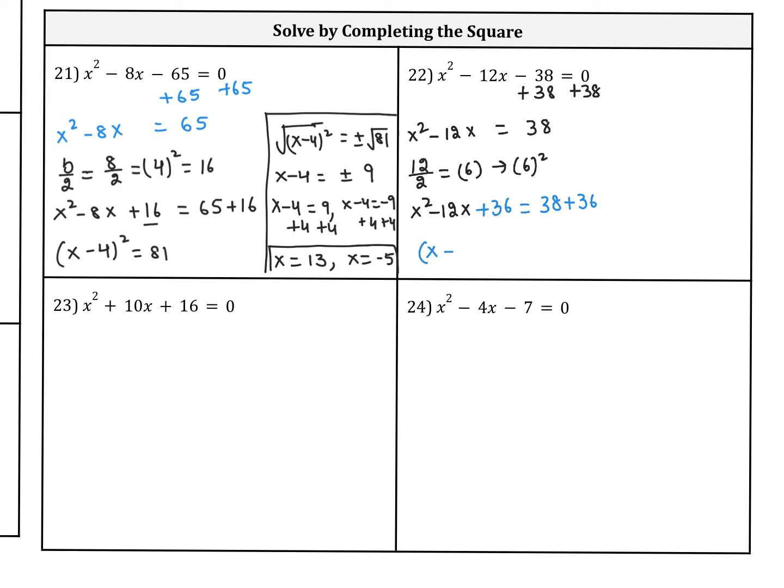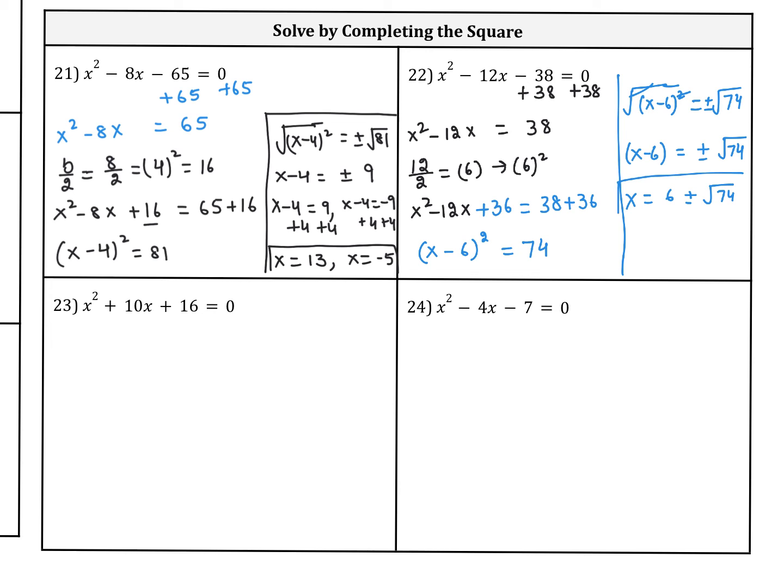So this one is x minus 6 squared equals 74. Now you take the square root on both sides. The square and square root cancel. X minus 6 equals plus or minus square root 74. Then add 6 on both sides. So it's 6 plus or minus square root 74, and that's your answer.